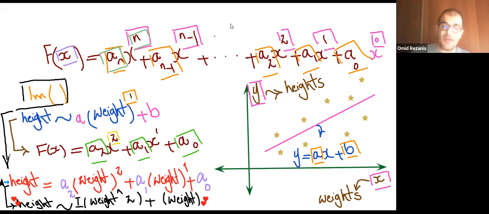I'm just going to remind you again, when we go to R, all the purpose which we have is to find a value for A1, A2, and A0.